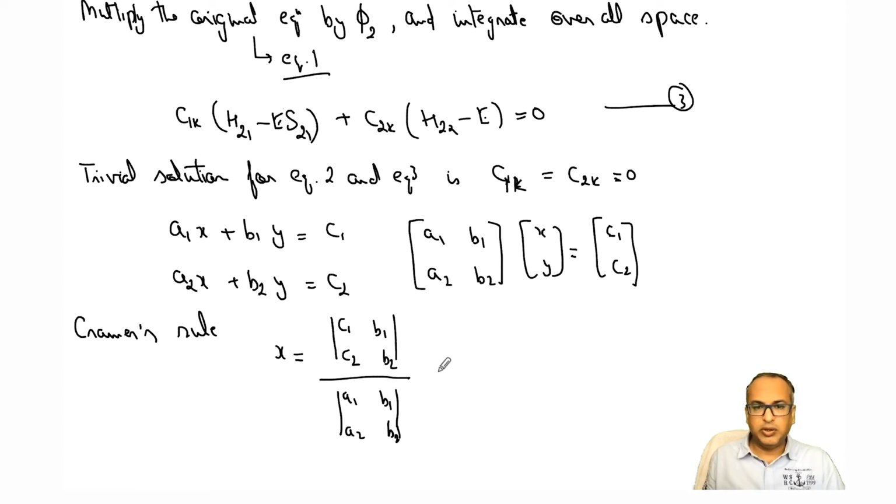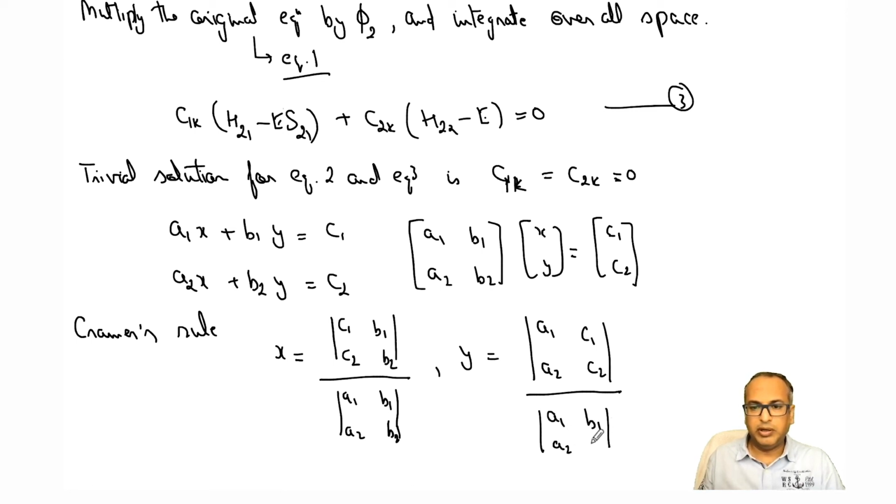So this is how you can solve this equation. Similarly for y, substitute C1, C2 in the second column, so you have A1, A2, C1, C2, and at the bottom the determinant A1, A2, B1, B2. Okay, this should be clear.